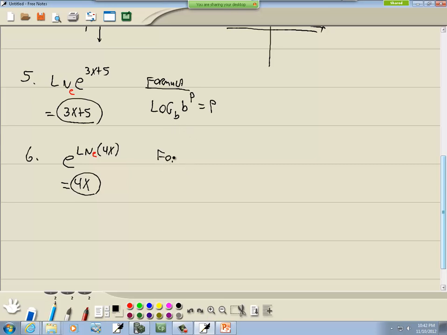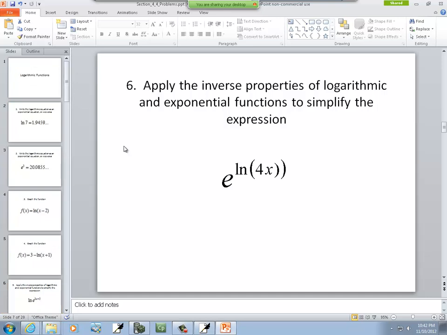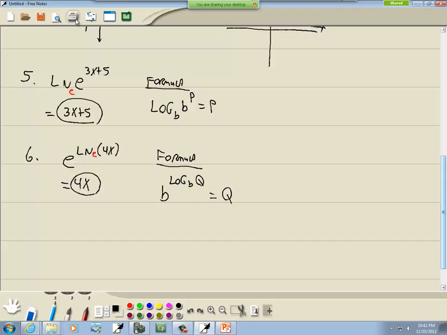And our formula for that says you have b to log base b of q, that's going to equal q. So again, if these match, then the log and the b are going to cancel and just leave you what follows the log. Let me save this. This is logarithmic functions.